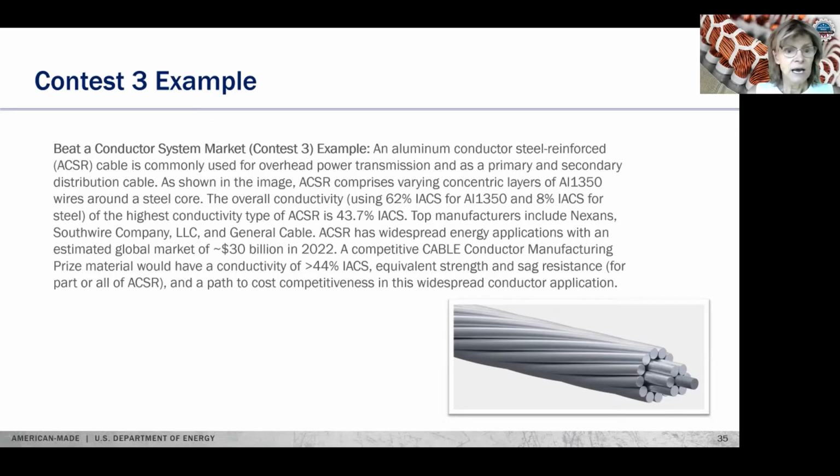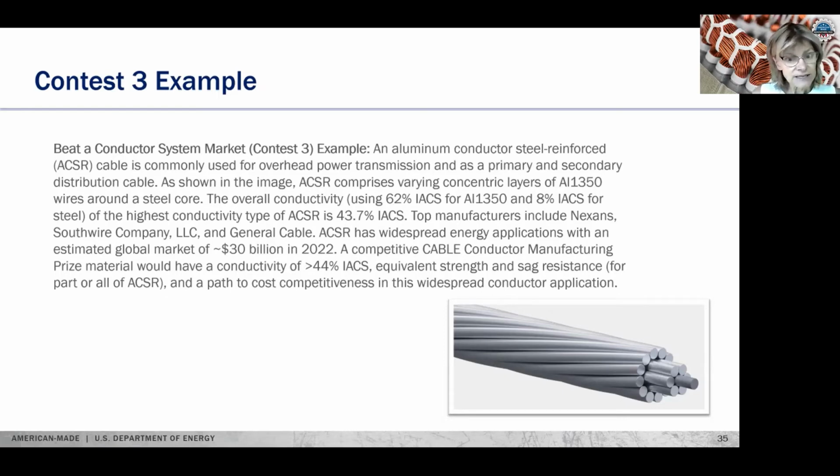Systems like ACSR have lower net conductivity because they include steel, which is not considered a conductor for the purposes of the prize because its conductivity is only 8% IACS. The system conductivity is 44% IACS.